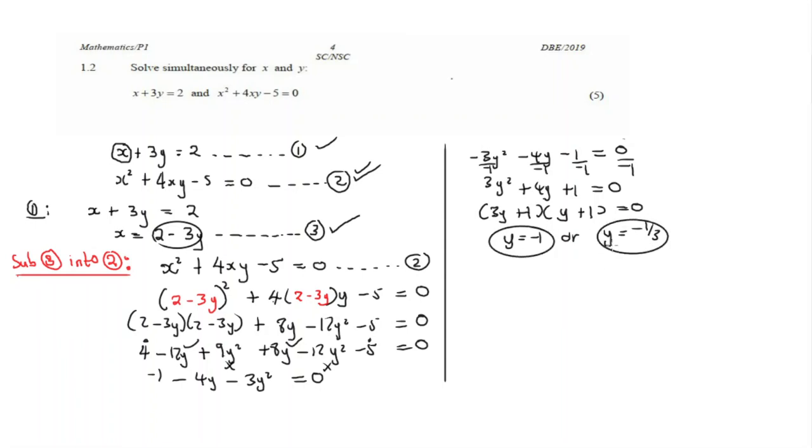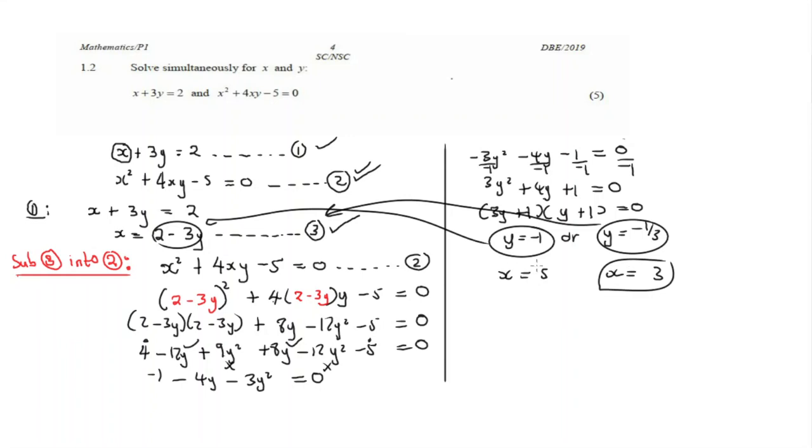So therefore, I will take this y and substitute it into equation 3, I take each y and substitute it into equation number 3. So when I substitute y as negative 1, you get x equal to, where there's y you put negative 1, so it's 2 plus 3 is 5. When you substitute negative 1 over 3, you get positive 3 here.